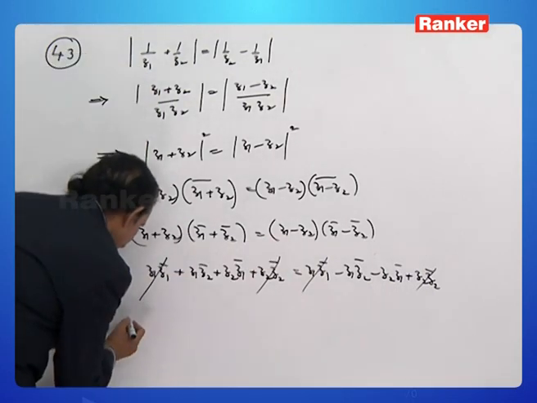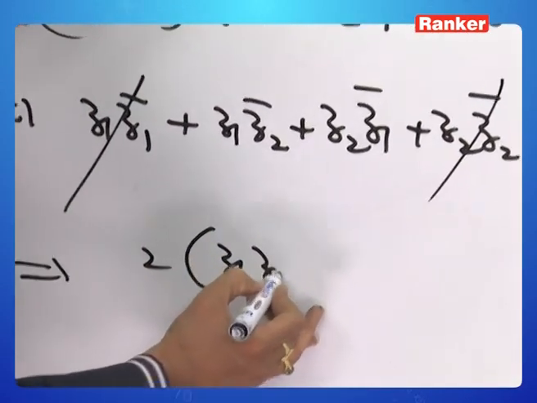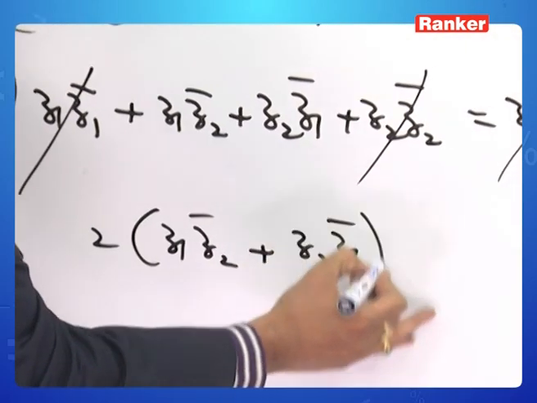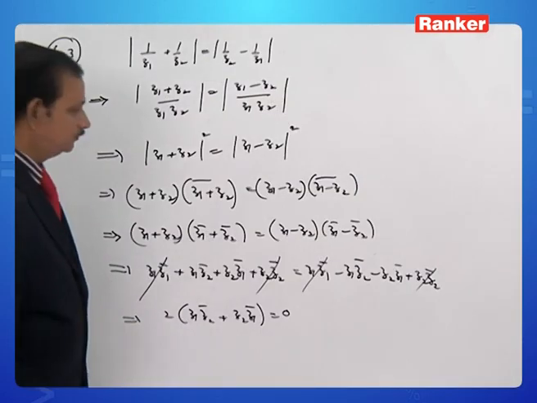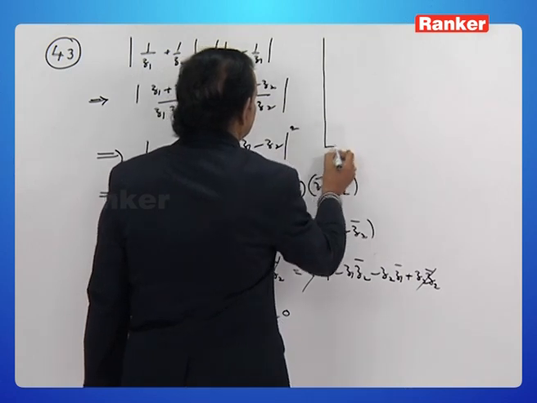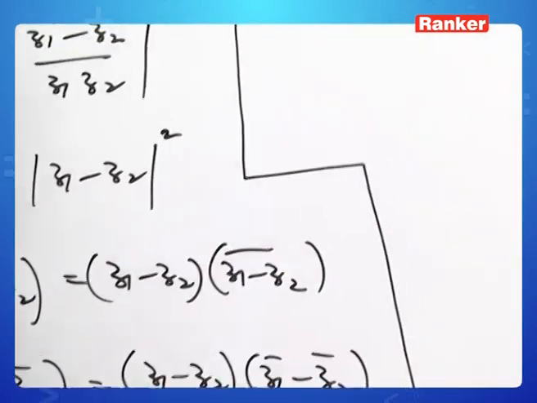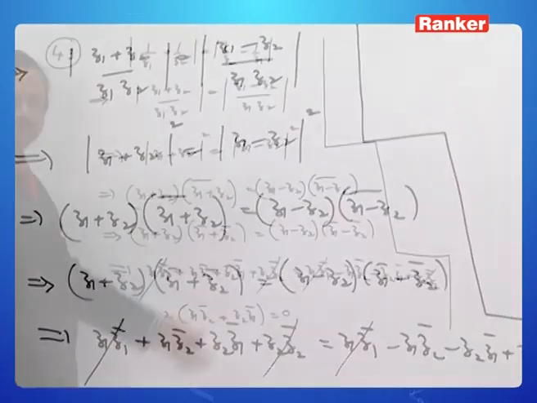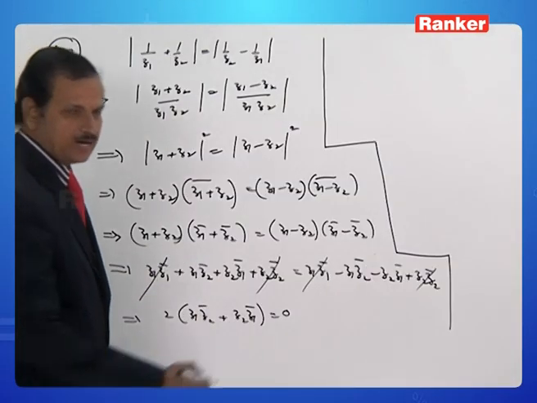Implies 2 into Z1 Z2 bar plus Z2 Z1 bar is equal to 0. Therefore, what are the consequences? This 2 goes that side, so that you will have Z1 Z2 bar plus Z2 Z1 bar is equal to 0.